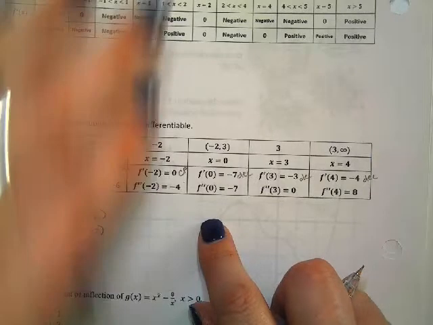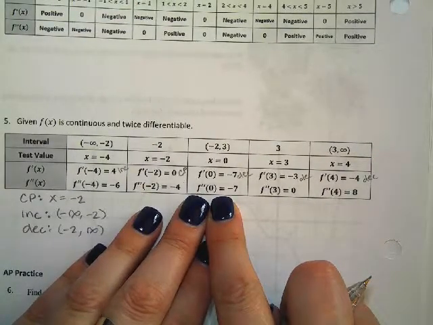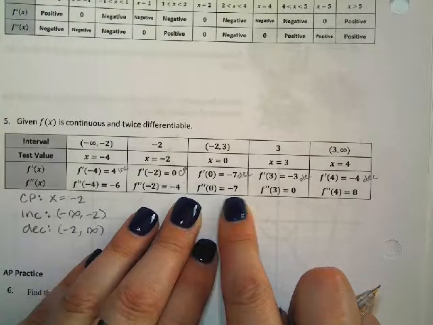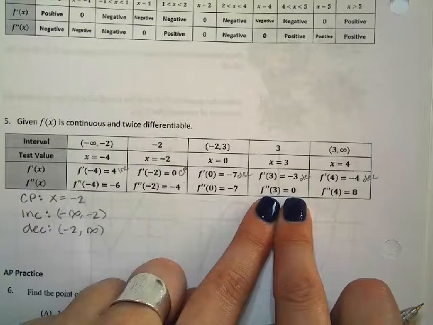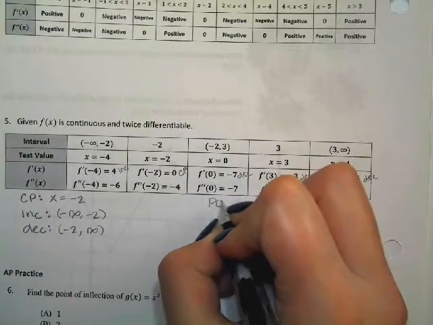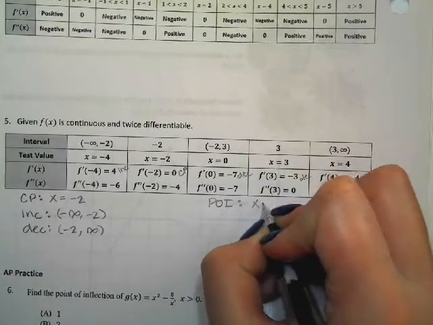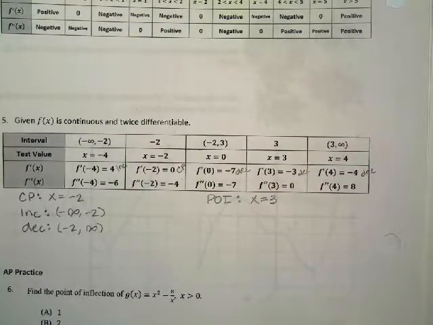All right, so now we're going to look at the second derivative. When we look at the second derivative, what's the first thing we do? We see where it equals 0, and that number is a point of inflection. So that means our point of inflection is at x equals 3. Then we would make the sign chart, and we would plug numbers in and see if our answers are positive or negative. And the positive or negative answers would tell us what?